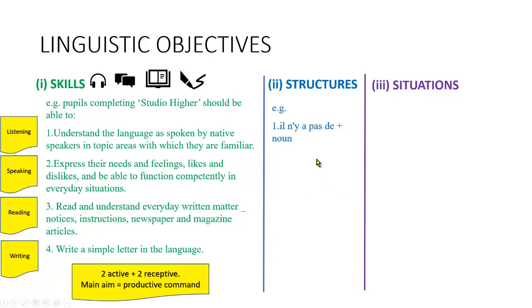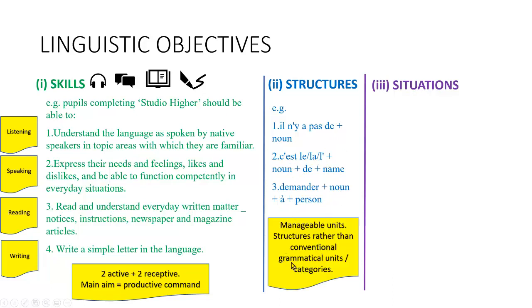Structures, well, that's where perhaps instead of writing the grammatical description, get used to expressing it in terms of the structure that's being used. So there isn't a something, or it is the plus a noun, or to ask something to somebody. Making them manageable units, so structures rather than conventional grammatical units or categories.